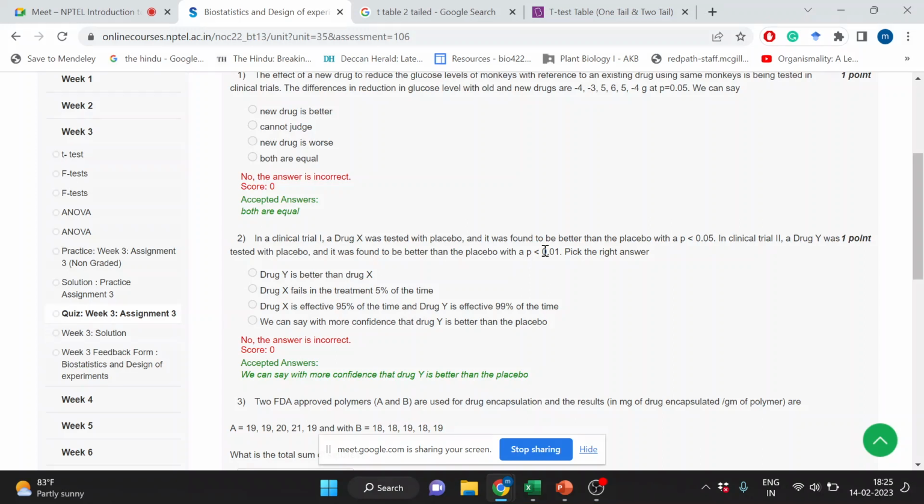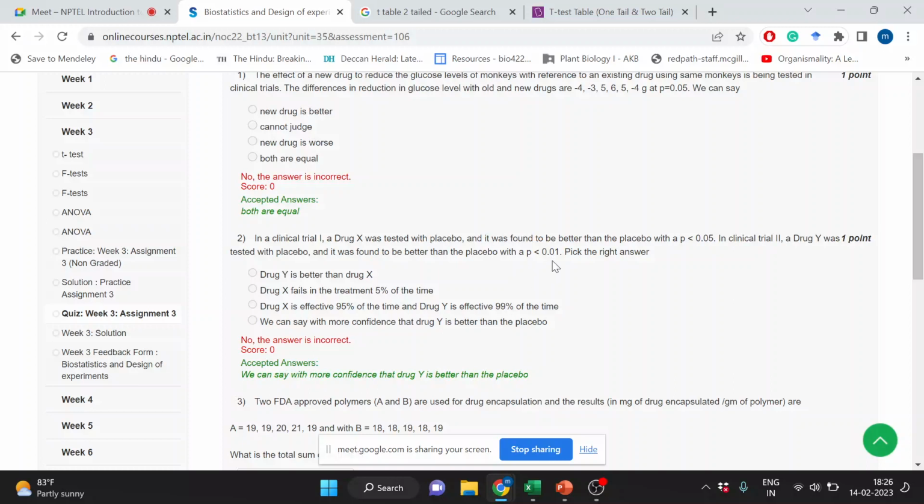It does not mean that drug Y is better. It's just that drug Y could be less effective than drug X, but with a higher confidence I can say that drug Y works. It just does its job that it was designed to do. So the answer is we can say with more confidence that drug Y is better than the placebo.